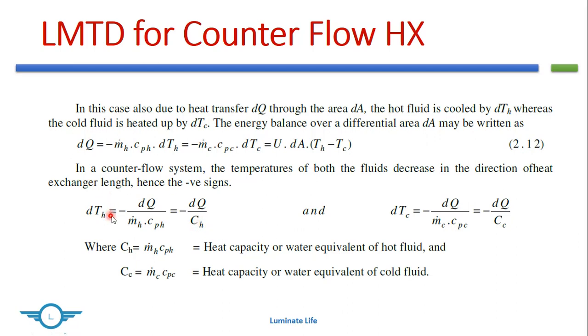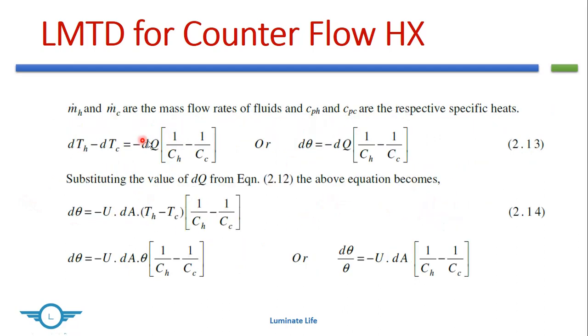We will equate for dTh and dTc. We will subtract these two. We will have an equation minus dq (dTh minus dTc) into d theta, and then we are going to substitute the values of 1 by Ch and 1 by Cc after substituting for q. So we'll have d theta by theta equal to minus U into dA (1 by Ch minus 1 by Cc).